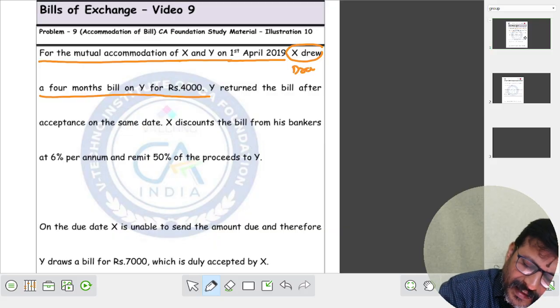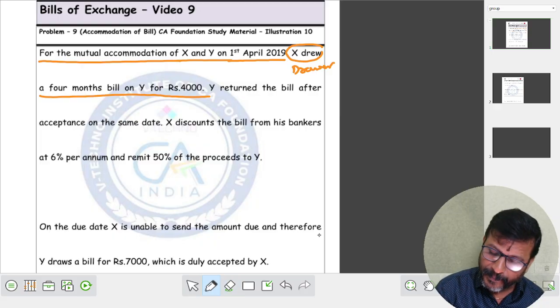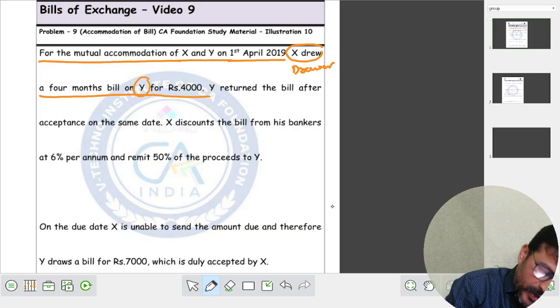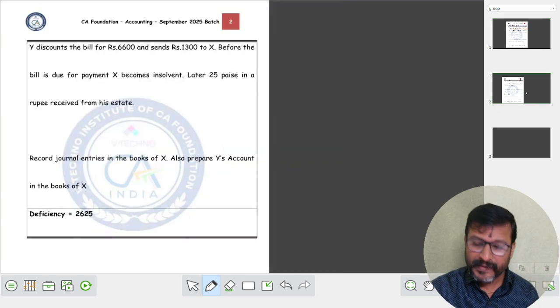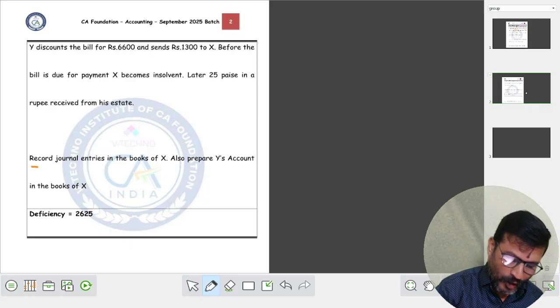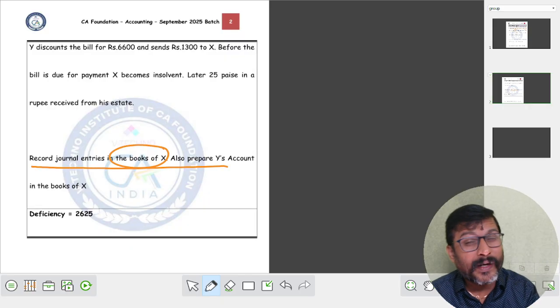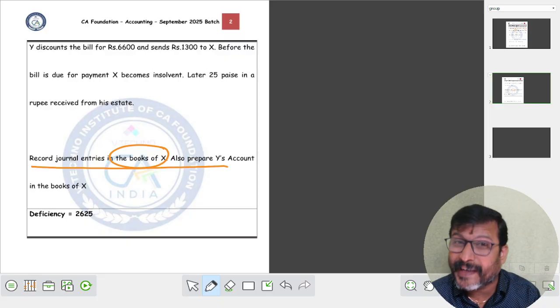X is a drawer. Then who is Y? Y is a drawee. In whose books do we have to record the journal entries? In the books of X, right?